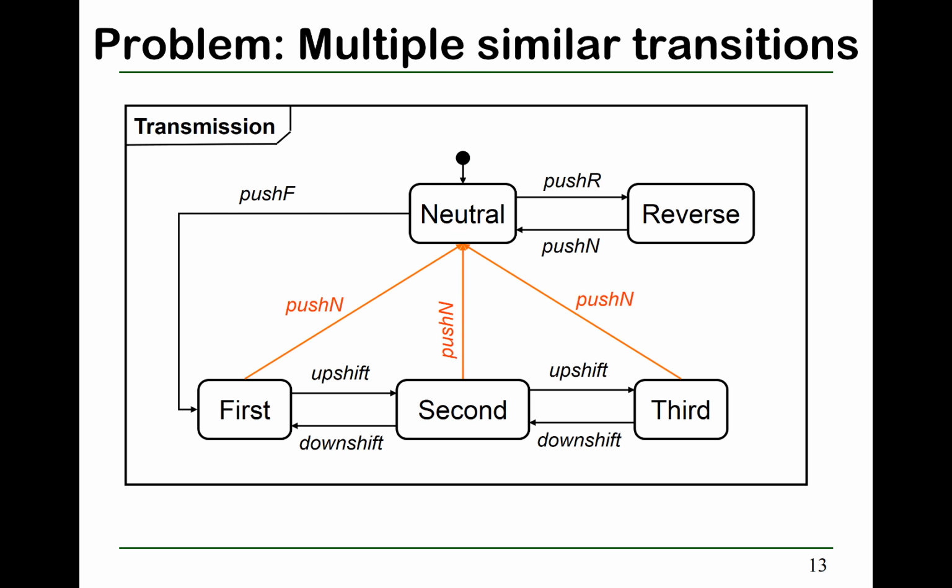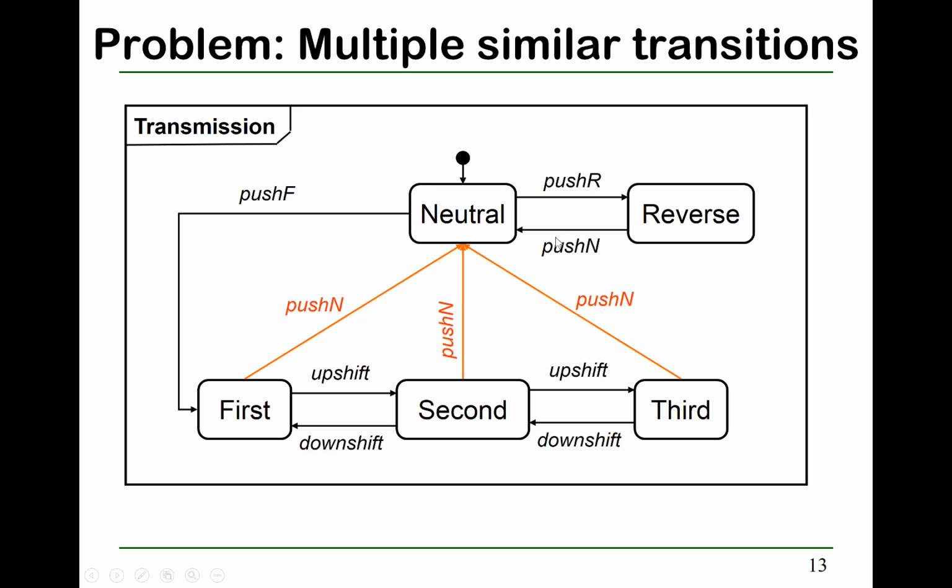All right, now let's take a look at this example. This is a transmission system in an automobile. Initially the system is in a neutral state, and when you push R, the system goes to the reverse state.